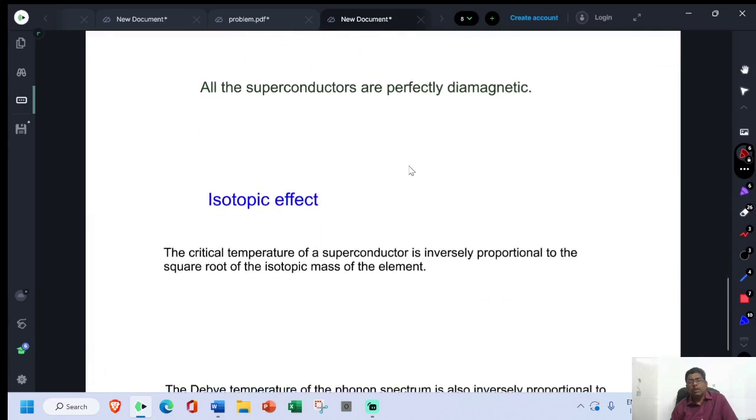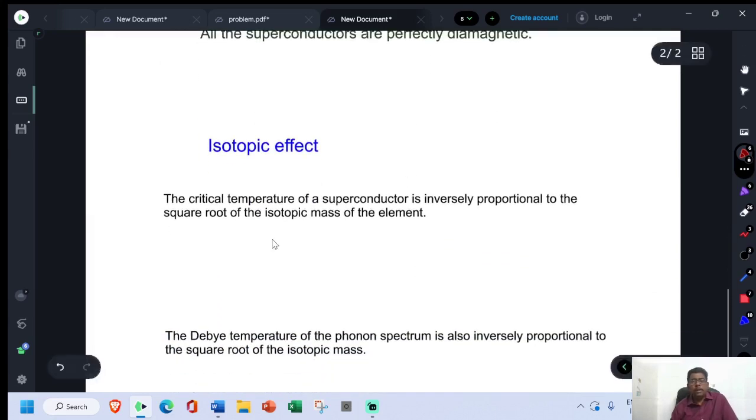Then we may go for isotopic effect. The critical temperature of a superconductor is inversely proportional to the square root of the isotopic mass of the element. Tc is inversely proportional to 1 divided by m power half.